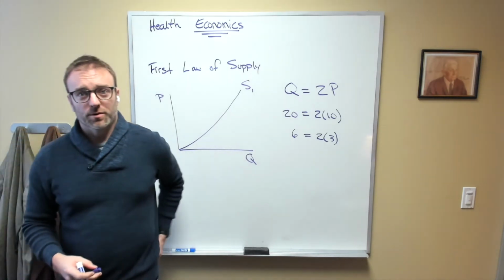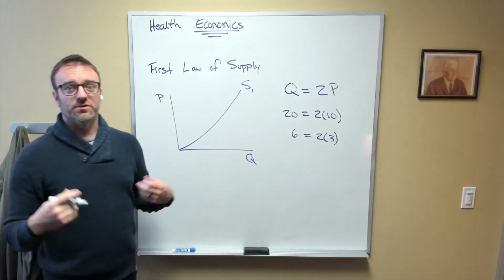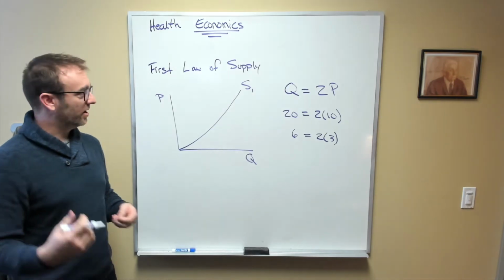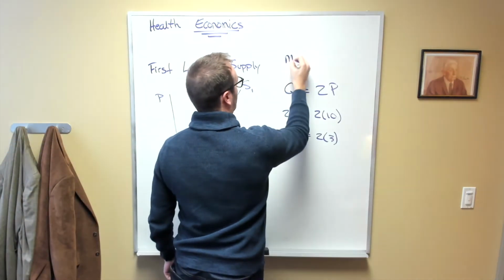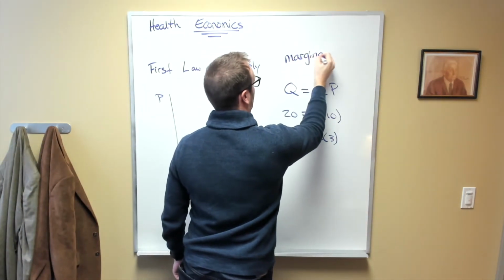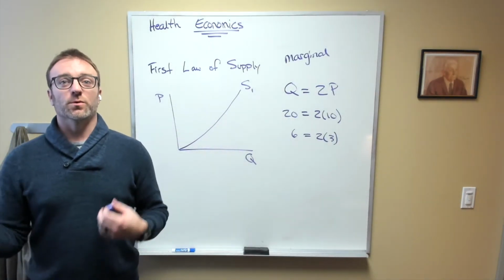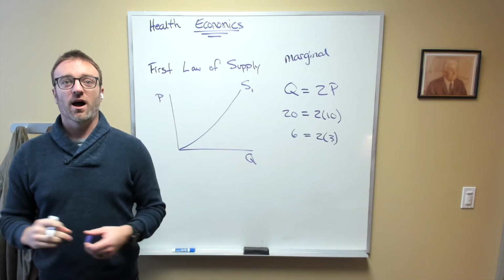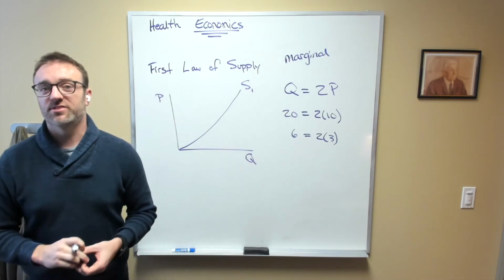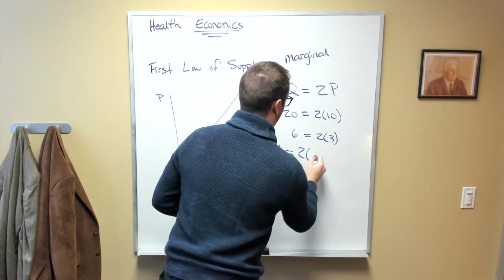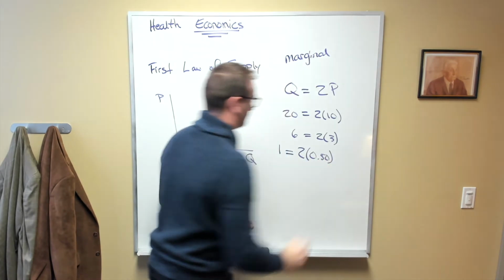We also know the minimum price that you'd be willing to accept to sell each successive, or as we said before, each marginal pizza. For example, to get you to sell your first pizza to me, I'd only have to pay you 50 cents because 1 is equal to 2 times half of a dollar.